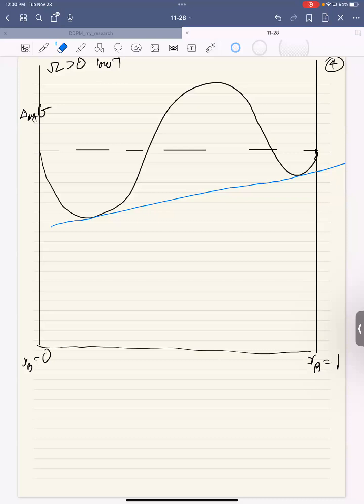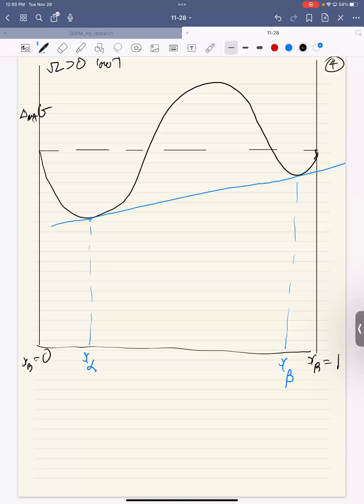So, let's call this concentration X alpha. Again, X alpha is the mole fraction of B, not the mole fraction of A. That's how we have defined things. And let's call this one X beta.